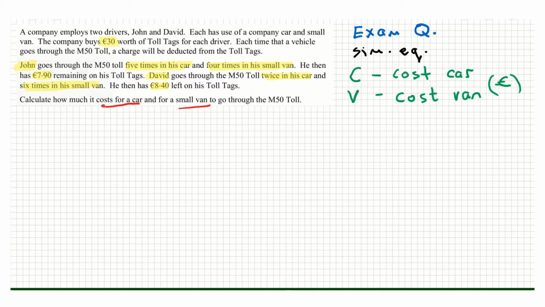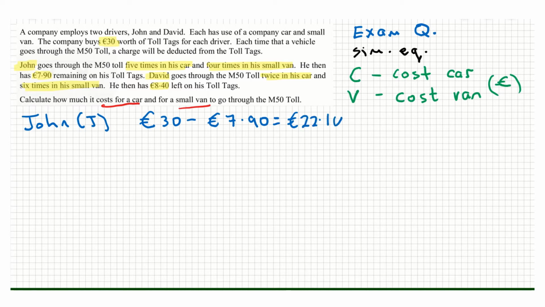Right, so let's have a look at John, and we're going to use J for short for John. So he has €30 on his toll tag, and after it's used he has €7.90 remaining, which means that he spent €22.10.